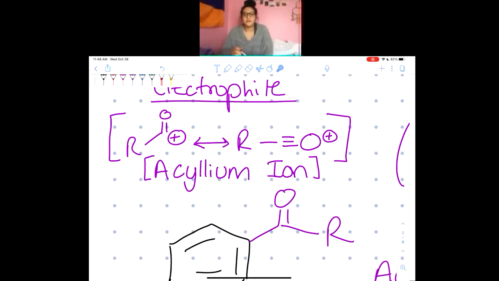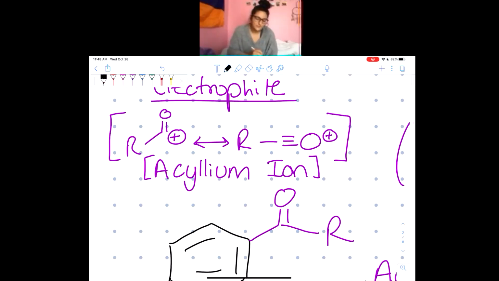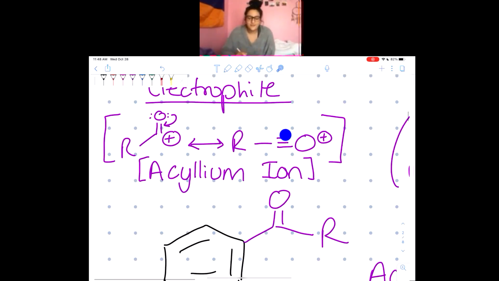So this is just resonance because the electrons from this oxygen are going to come down and create that triple bond. And then these electrons from the triple bond will go to the oxygen to create this, right? So these are two ways to draw the same exact thing. So yes, both of them are completely equal. You can use either in the reaction.